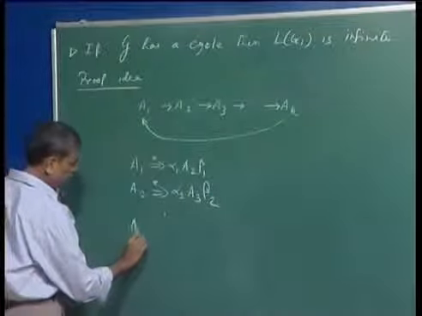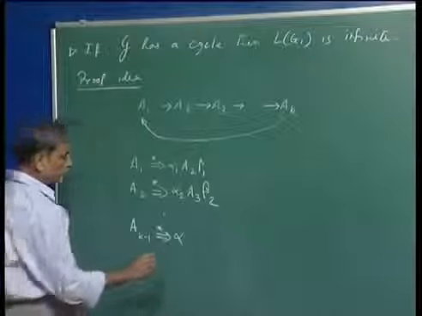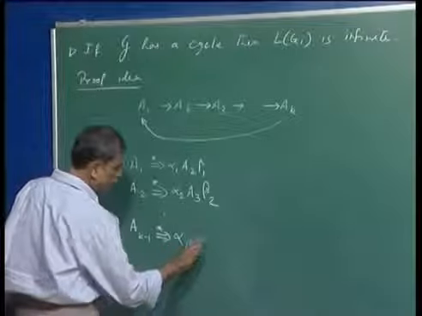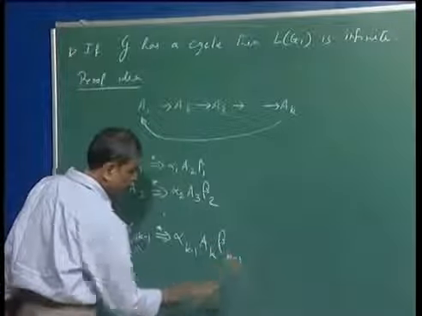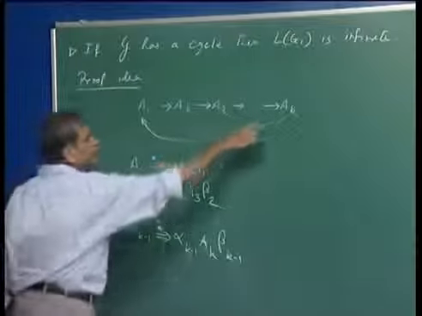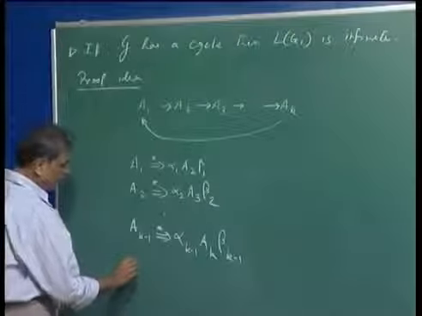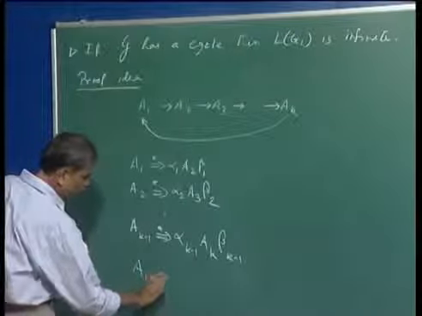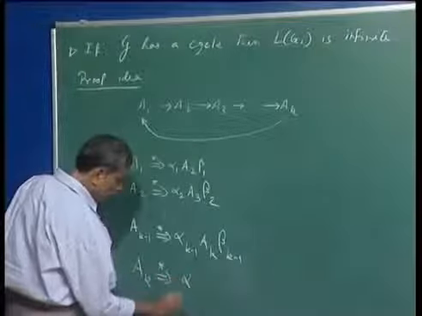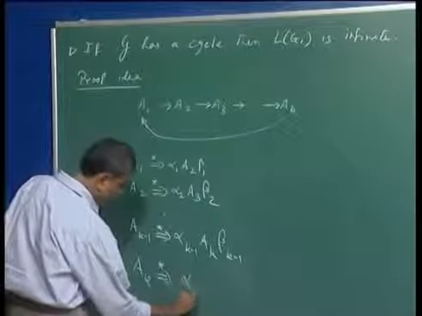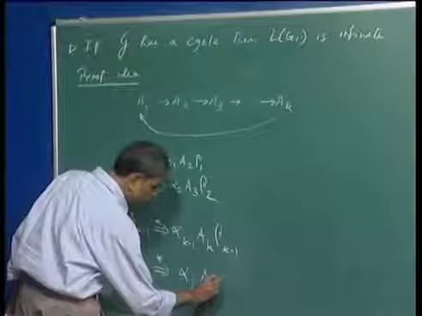AK minus 1 derives alpha k minus 1, AK, beta k minus 1, and then because of this edge back we have that AK in turn derives alpha k, A1, and beta k, right.